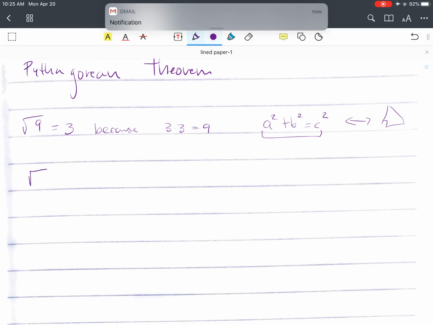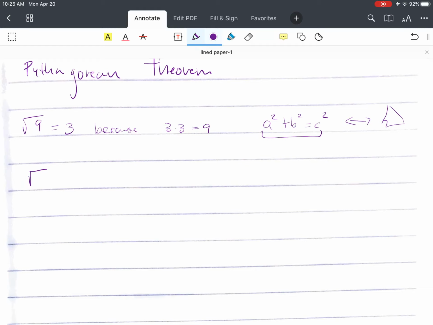So suppose we wanted to approximate the square root of, I'm just going to think of a random number, 23. Okay, root 23. If you use a calculator, I can tell you it's going to be 4 point something. The reason I know is that since we're taking the square root of 23, we're trying to think of a number such that this number times itself is equal to 23.